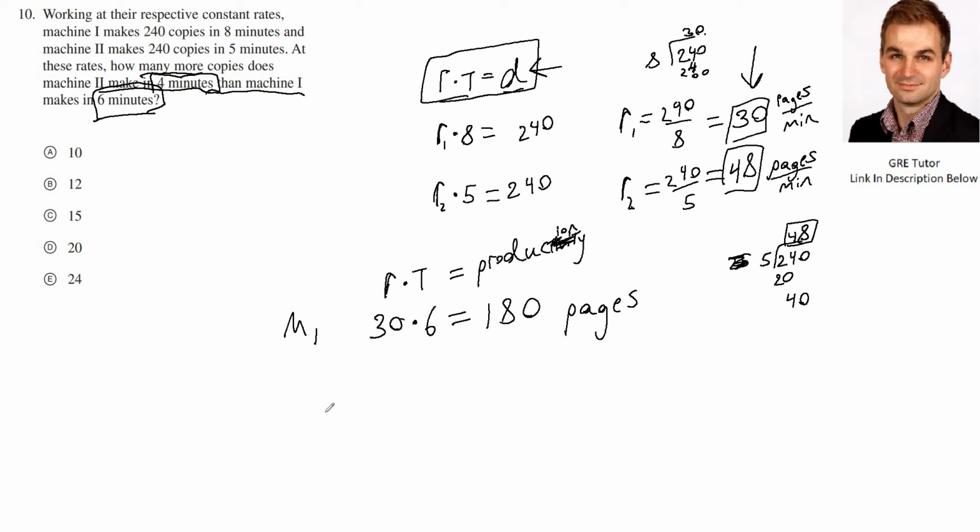So that's machine 1. Machine 2 is working for 4 minutes, which they gave us, at a rate of 48 pages per minute.